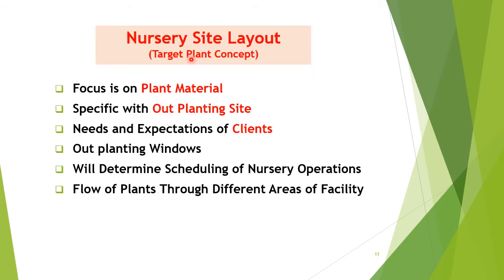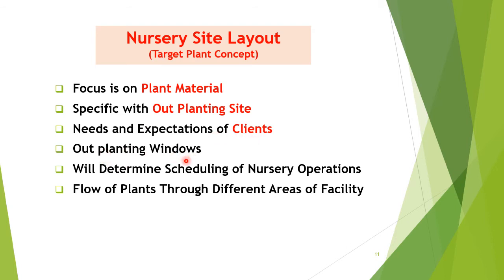Your nursery site layout is always based on a target plant concept, which focuses on plant material specific to the outplanting site. Because you have to see your end user, which is your outplanting site, and the needs and expectations of your clients.